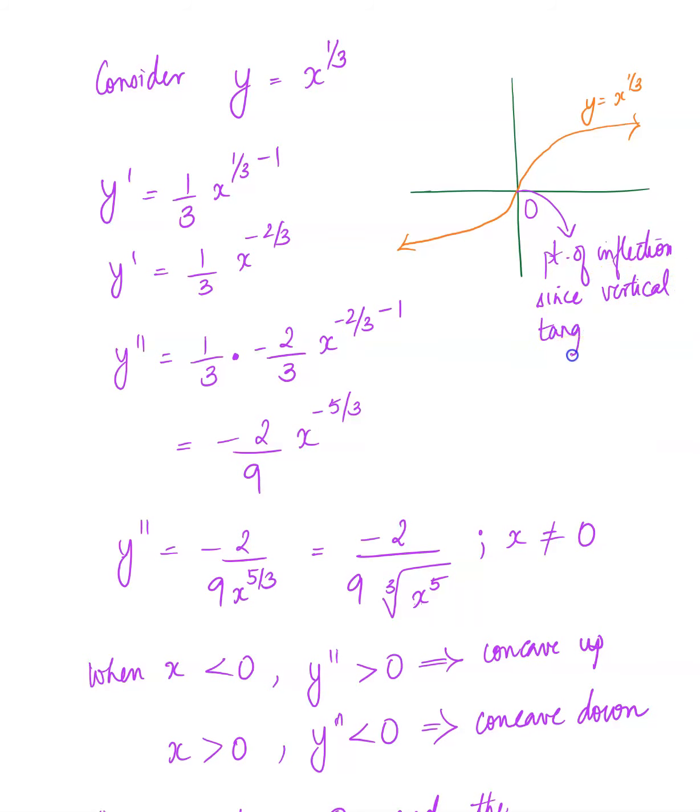When you look at the graph, you don't know that y double prime is undefined. But when you look at the vertical tangent, you know that that's happening there, right? For the first derivative, vertical tangent, and y double prime fails, and concavity changes.